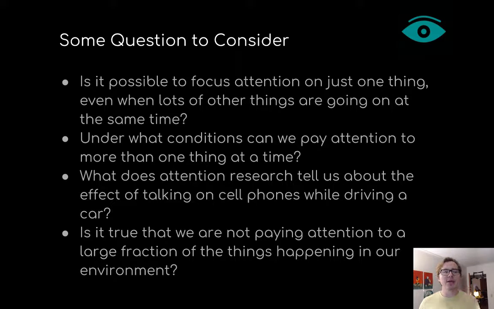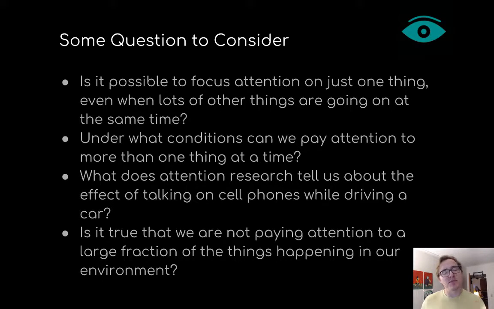Also, under what conditions can we pay attention to more than one thing at a time? What circumstances do you find yourself in which you have to rapidly switch between different things, paying attention to different objects, different stimuli? What does attention research tell us about the effect of talking on cell phones while driving a car?